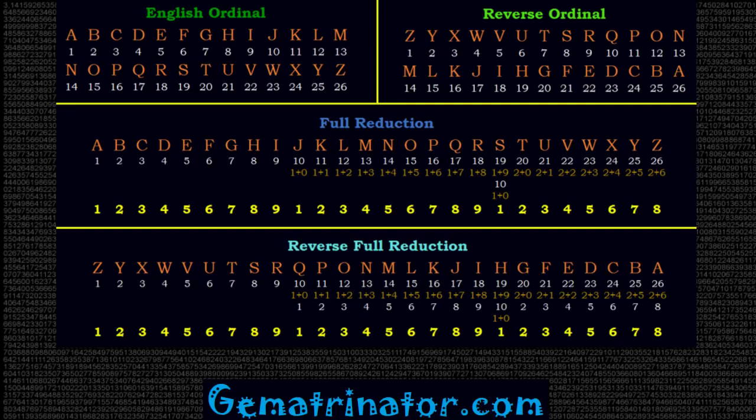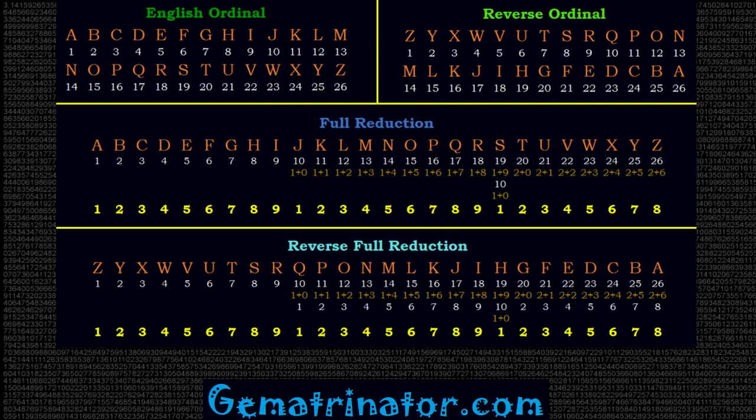This method uses the rules of numerology to reduce every double-digit number to a single digit. So we start with 10. J, the 10th letter, 1 plus 0 equals 1. So when you add J to a word, it's only worth 1. This continues all the way through Z, the 26th letter, 26. 2 plus 6 is 8. Z becomes 8 in the reduction method.